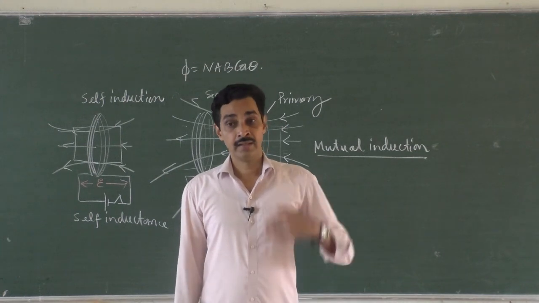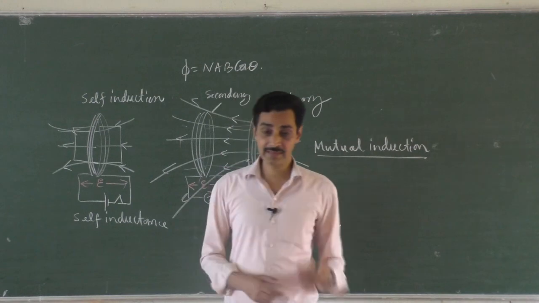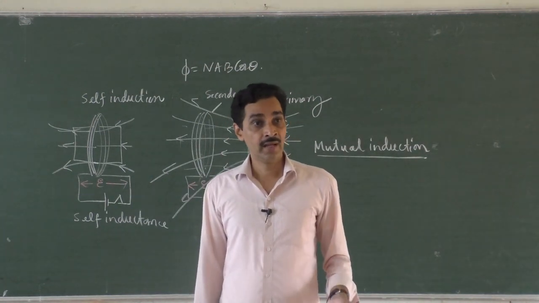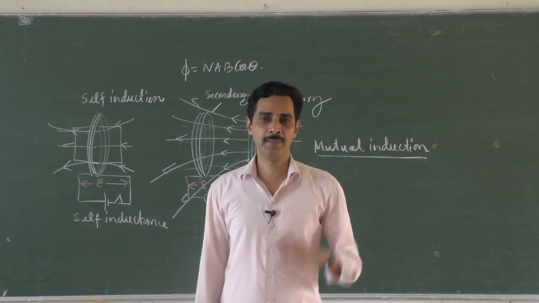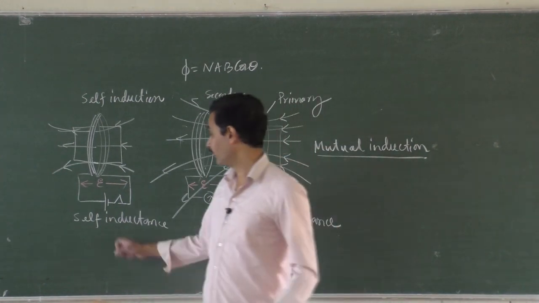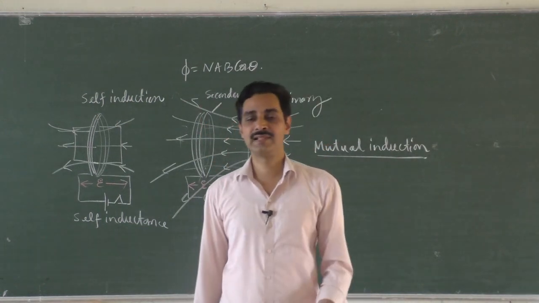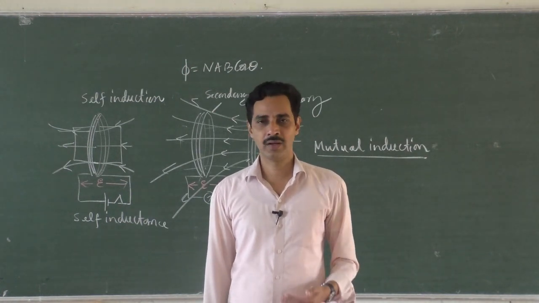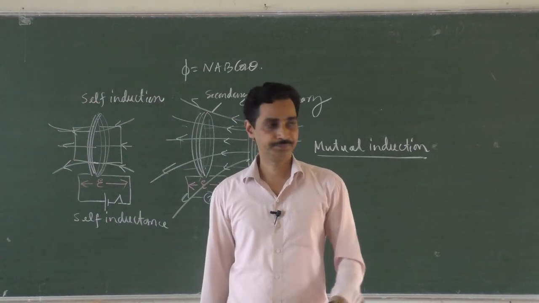Similarly, the amount of induced EMF in the coil, when there is a change in the current through the coil itself, what you call the self-induction process, that EMF induced depends on the self-inductance of the material, the ability of the material. And on what factors does self-inductance depend? Self-inductance depends on the number of turns in the coil, area of the coil, core inside the coil, length of the coil, it may be a solenoid type, so everything.